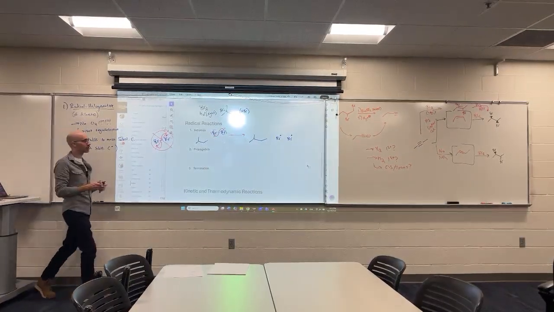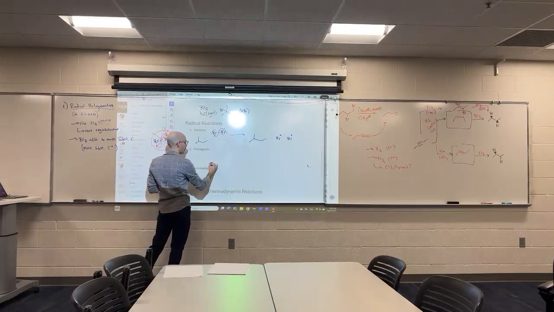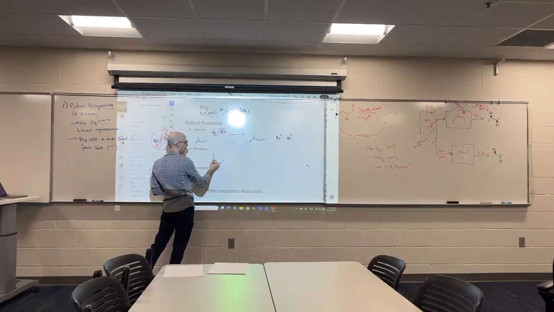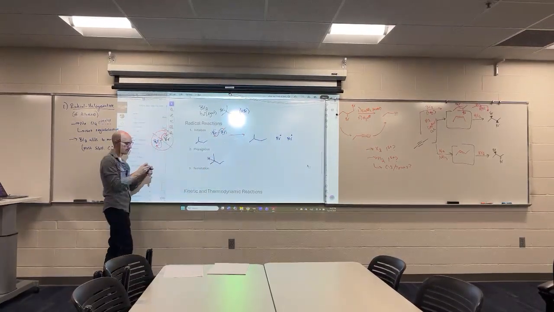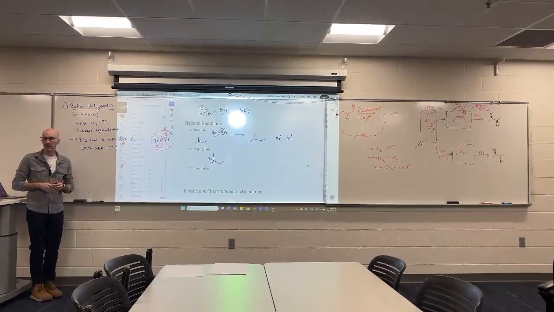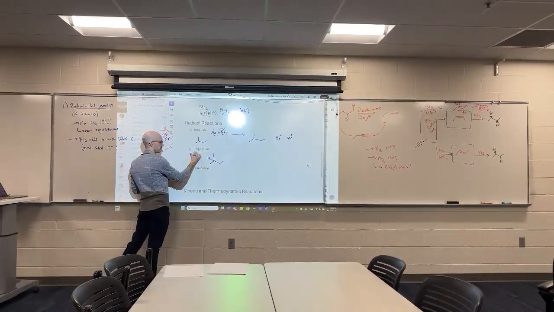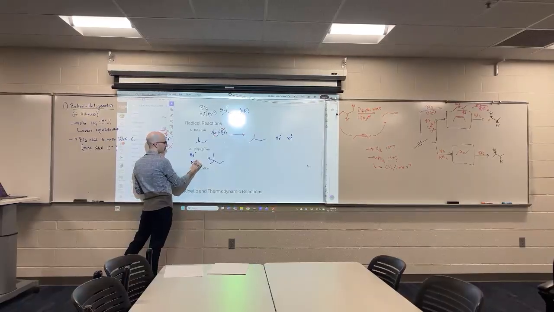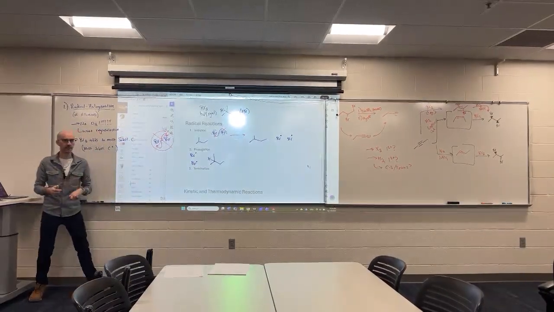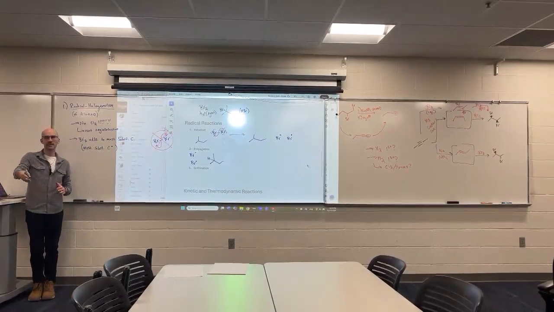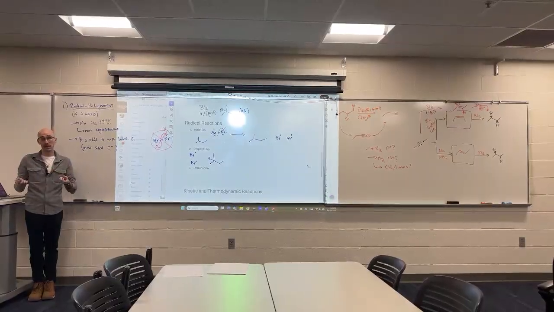All right, step 2 is propagation. At this point, I am going to draw out the CH bond to the most substituted carbon, because this is where the radical will want to react. Propagation in biology typically means life begets more life. I propagate my plants.